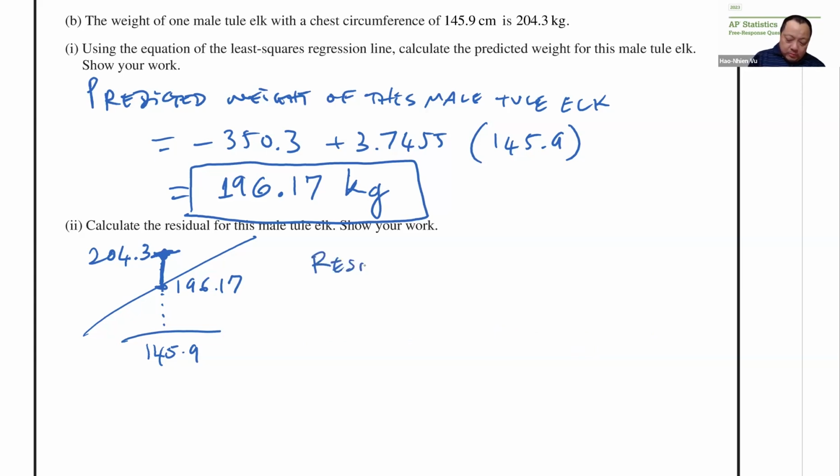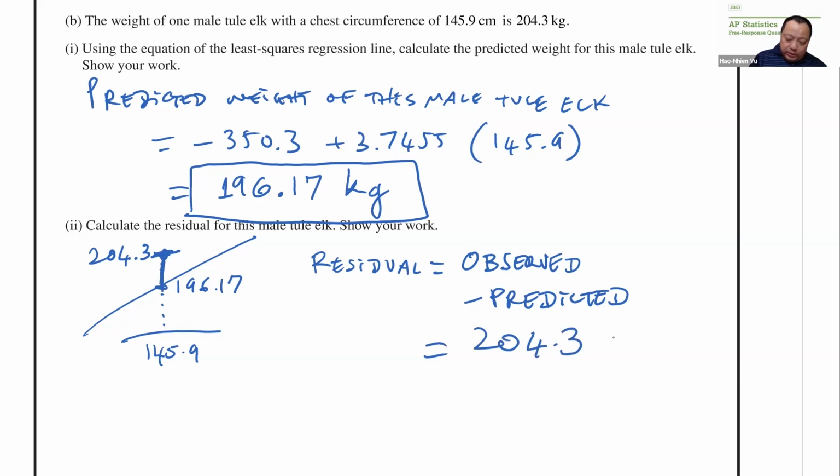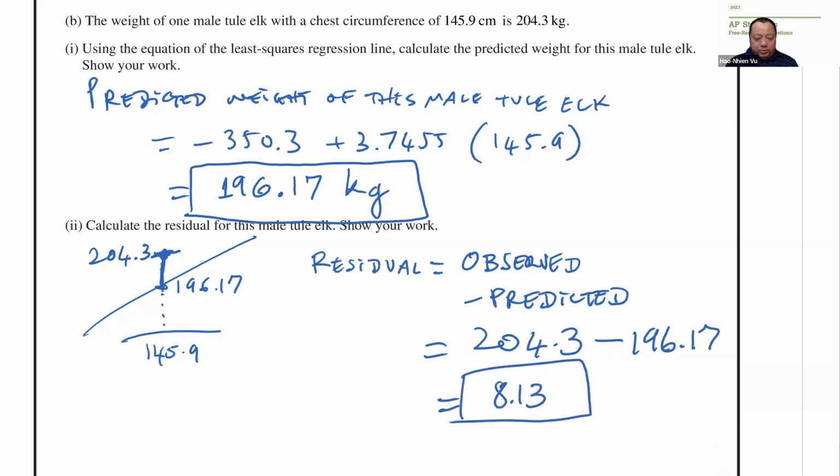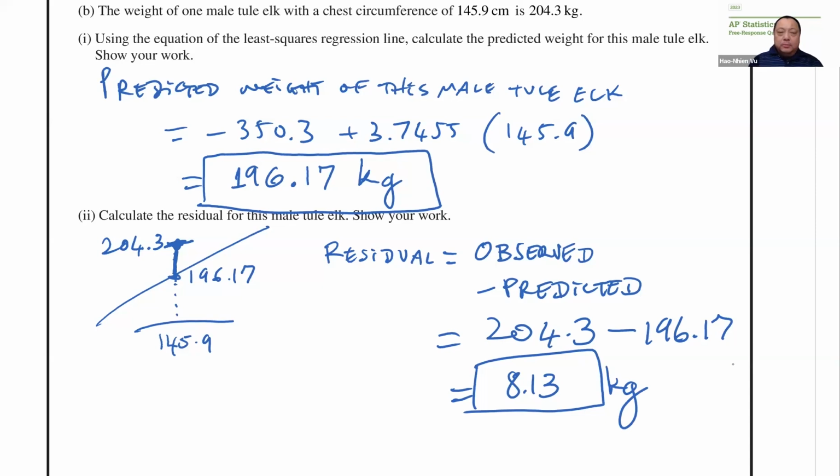So the residual is observed minus predicted. So go to 204.3 minus 196.17 equals 8.13 kilograms.